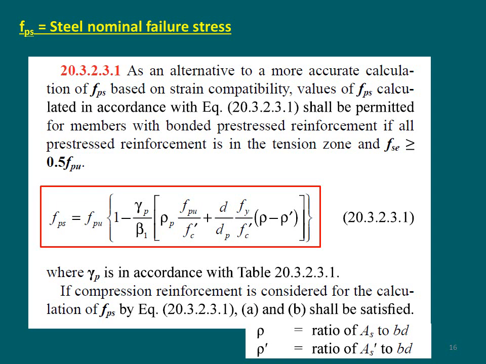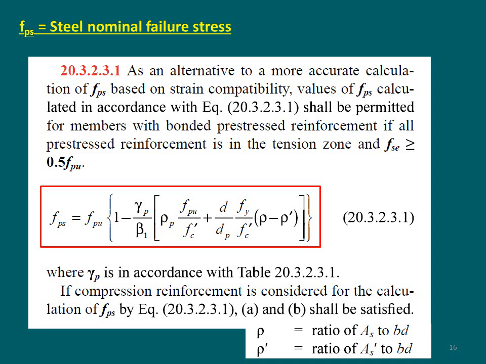And then multiply by a big factor. This big factor has to be less than 1, because you cannot use a stress that makes the capacity of the beam higher than fpu, and it cannot be equal to fpu. It needs to be less than fpu. Therefore, this big term needs to be less than 1.